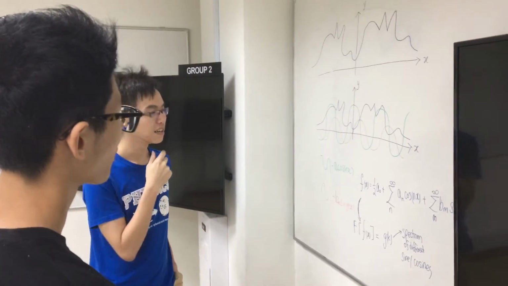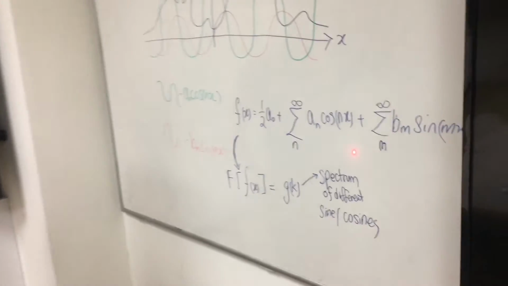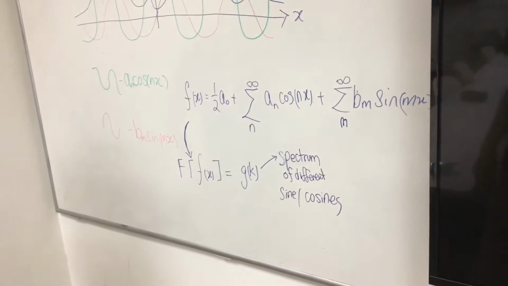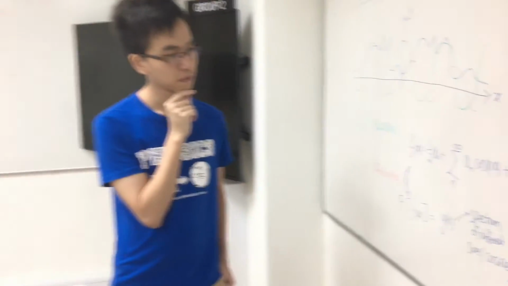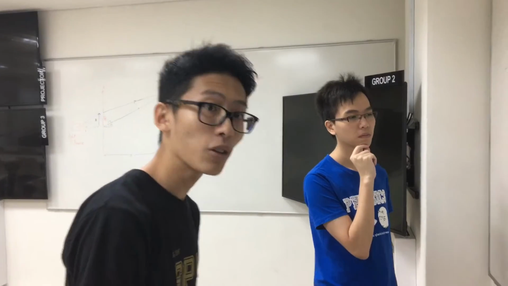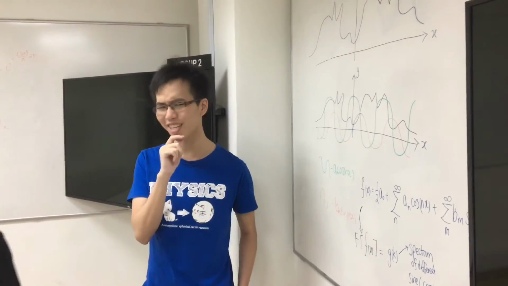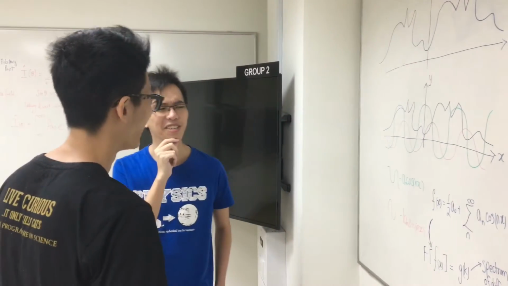Alright? So we can see over here this is the summation formula of the cosine and sines. However, to generalize it further, we use the Fourier Transform formula which takes into account non-discrete values of n and m.